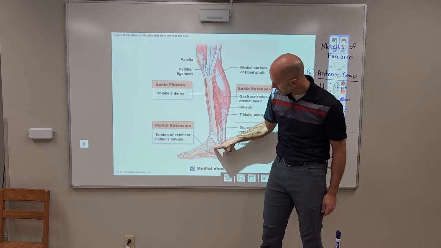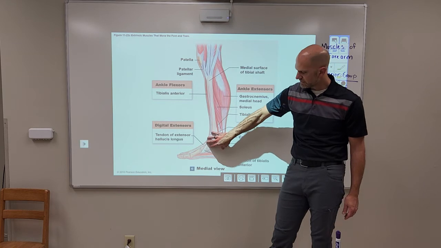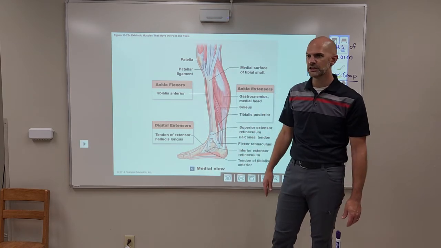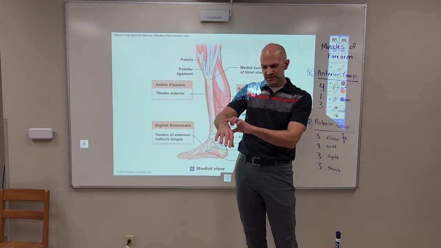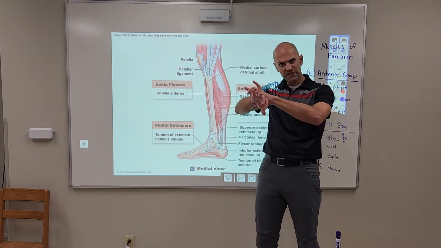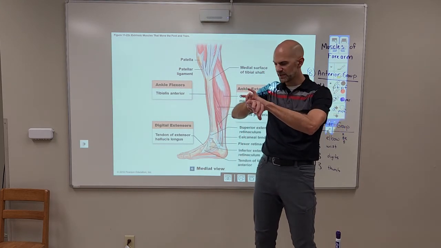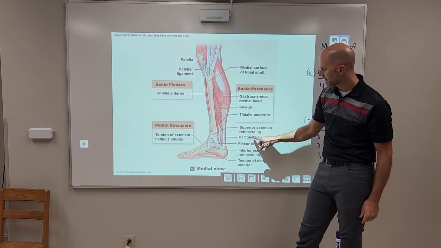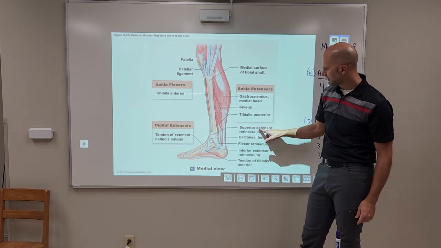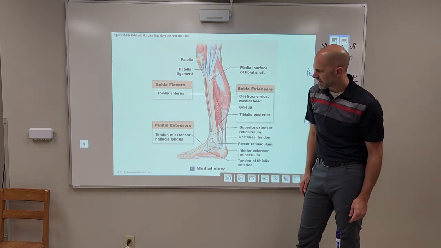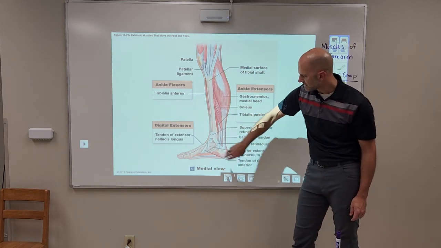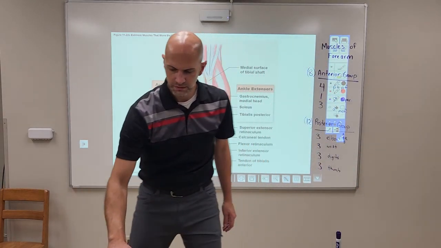Because of their position and where the tendons are being held, it will give us an indication of their action. Just like we talked about the retinaculum in the wrist that forms a kind of wristband to hold the tendons tight around the wrist, you also have a retinaculum in the ankle. Here's the superior extensor retinaculum, and then there's also other retinaculum that holds the tendons on the other side.